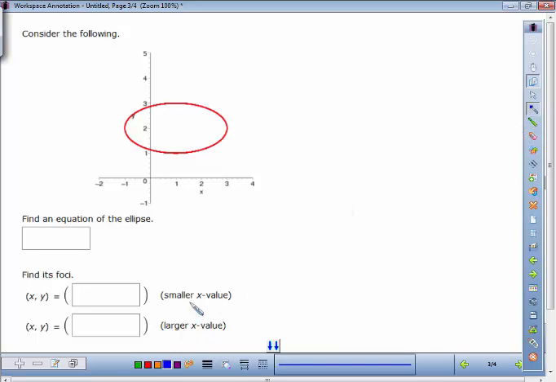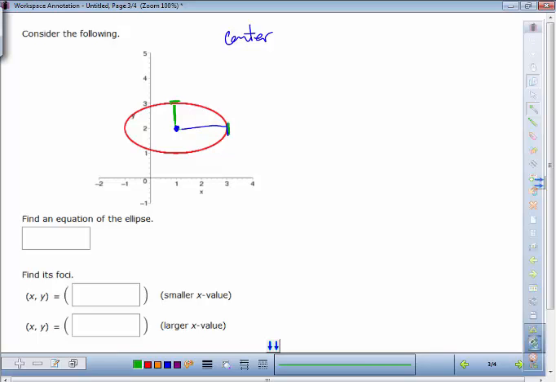So from a graphical point of view, what we can identify easily is the center of the ellipse. Then we can identify some distances, the major axis distance and the minor axis distance. And I think that's all we need. Once we figure that out, we can identify your A and your B and then focus points.